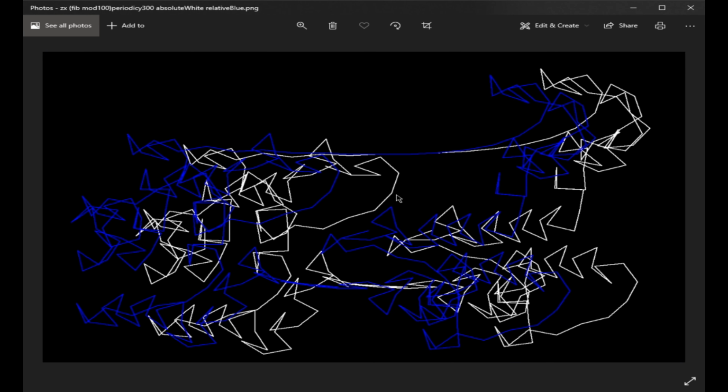Even a more elaborate graph, such as this one. Now these are the graphs in white and blue for the Fibonacci sequence mod 100, and the white's for absolute, and the blue is for the relative graphs. And notice, if you look carefully, you will see that these two graphs are just, one is a translation of the other, even despite the complexity of them.